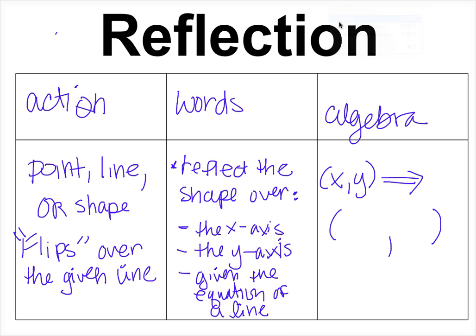So let's take a look at our 2 points. For our pre-image, we'll call this point A and this point B. We'll call these image of A and image of B. If we find the ordered pair of point A, it was -3, 4. And point B should be 1, 2.